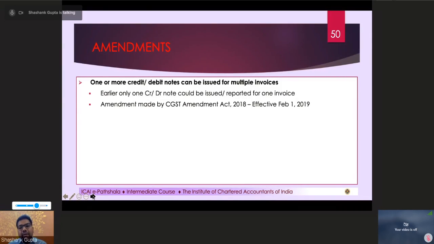So earlier, for every invoice, a separate debit note had to be issued. Similarly, for every invoice, a separate credit note had to be issued. But now, a single debit note can be issued for multiple invoices, and similarly, a single credit note can be issued for multiple invoices.